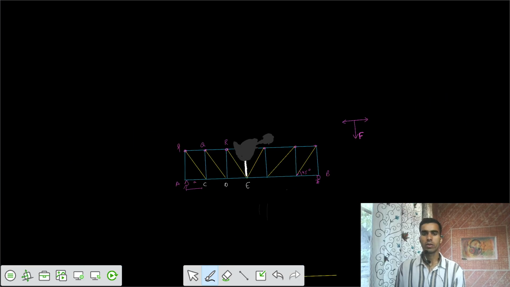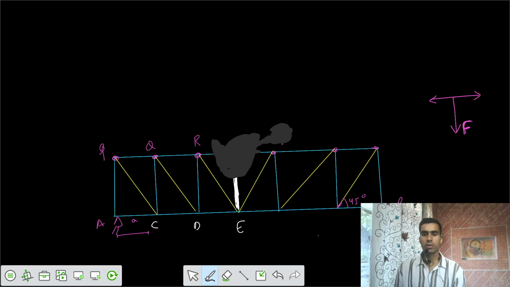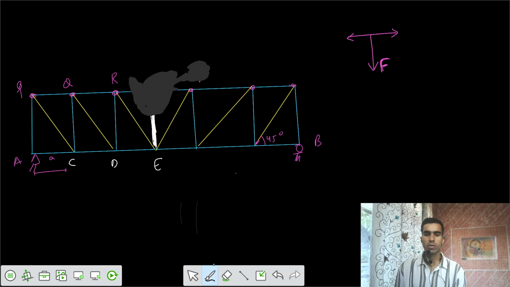Let's see whether we got something. So this is our section finally. Either you can take this section or you can take this one. So there will be some force in this one, and from this side also there will be some force, and our constant force is this one, force in the member F, that is SE. So we have this force of F.